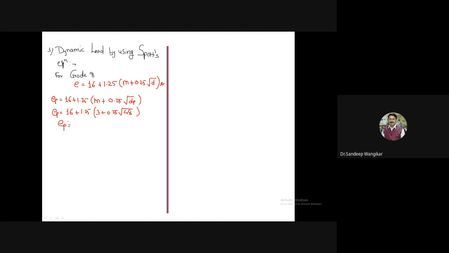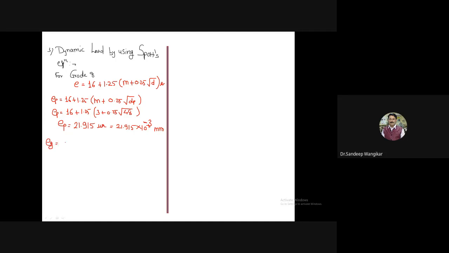So I will say here 21.915 or 92 micron. Micron is equal to 21.915 into 10 raised to minus 3 millimeter. This is very important, 10 raised to minus 3 millimeter.